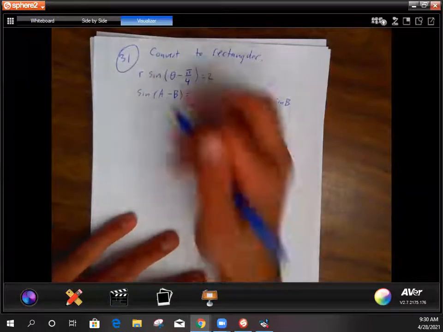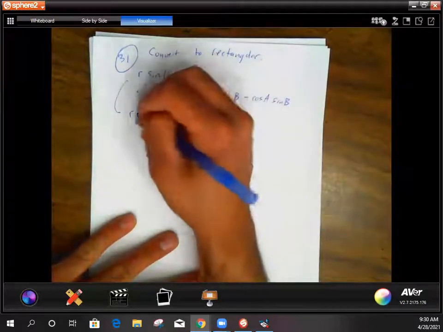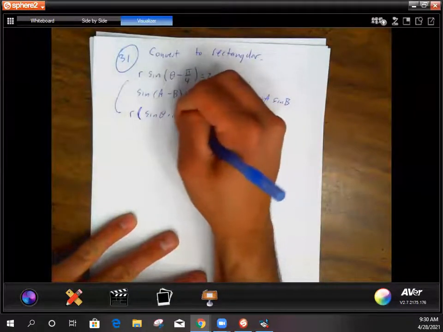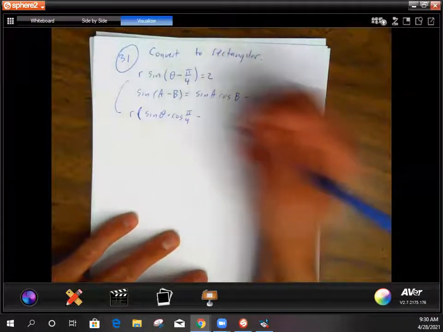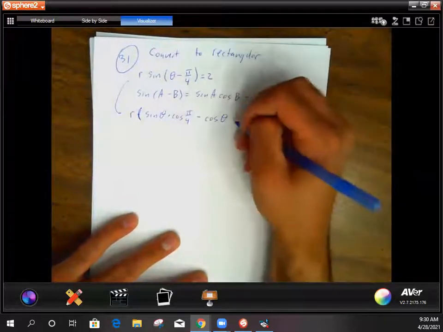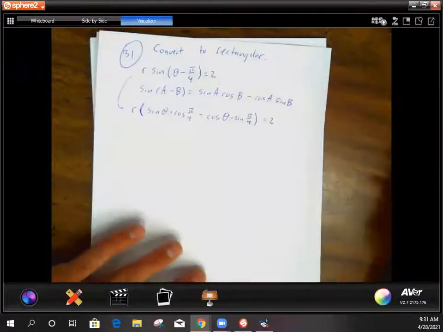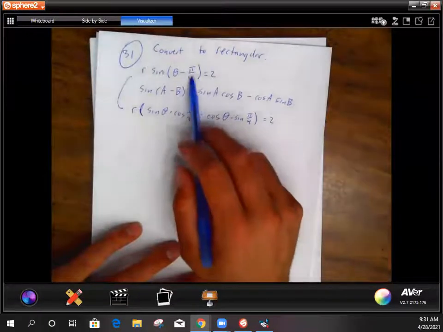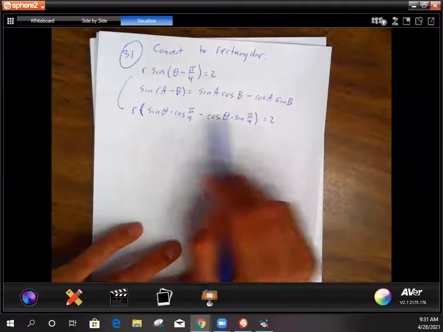All right. So now this will become r times, we'll put this all in parentheses, the sine of theta times the cosine of positive pi over 4 minus the cosine of theta times the sine of pi over 4 equals 2. And what that allows is it gets rid of this expression inside the sine, and you're allowed to now evaluate this.